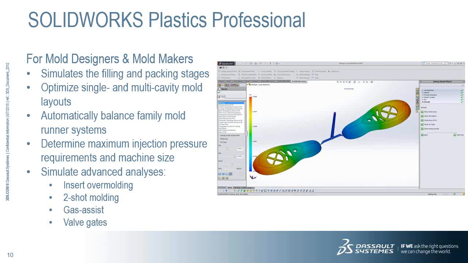And then two shot molding, maybe I would take the example of a toothbrush, gas assisted injection molding, and valve gates wherein you have to have the gates shut and open at different stages so as to make your filling uniform and all those things. So these are the things which I can do with SolidWorks Plastics Professional. So it has much more capabilities.